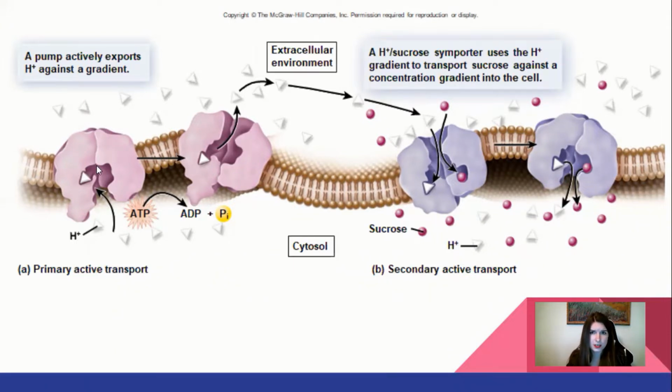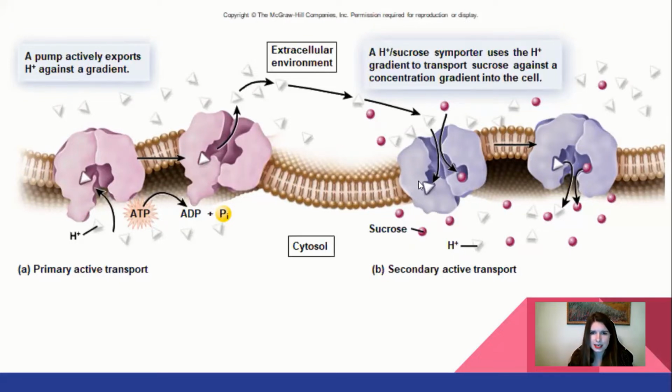So using this first integral protein, you can see what happens is that we let the hydrogen go into our transporter or our carrier. We use ATP to create a shape change and push it through. So it's going up its gradient, and we're making this area more concentrated, this extracellular part. So that is an example of primary active transport because we're directly using ATP to go against the concentration gradient.